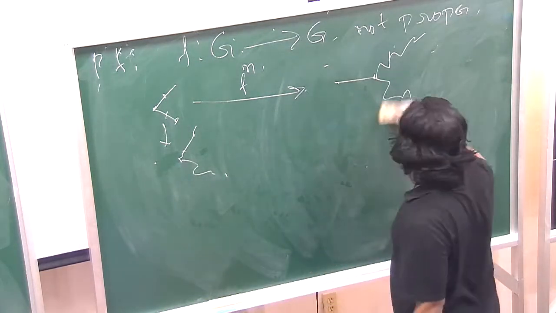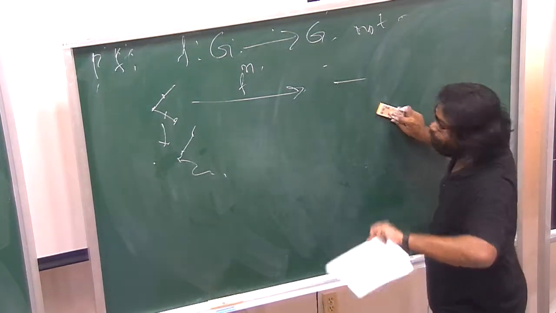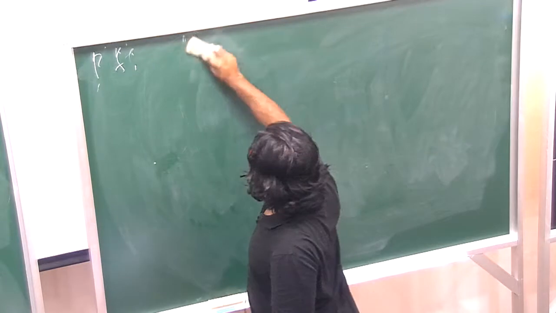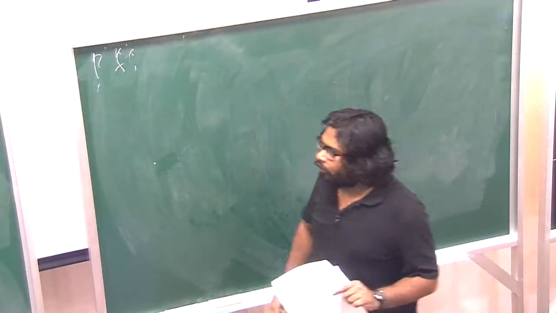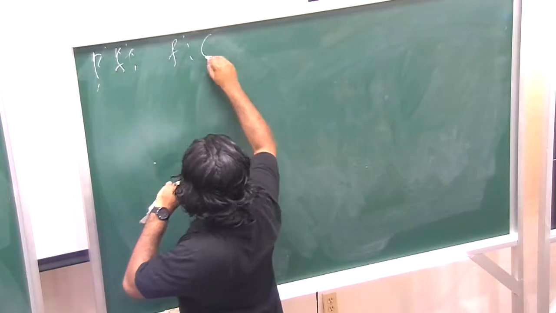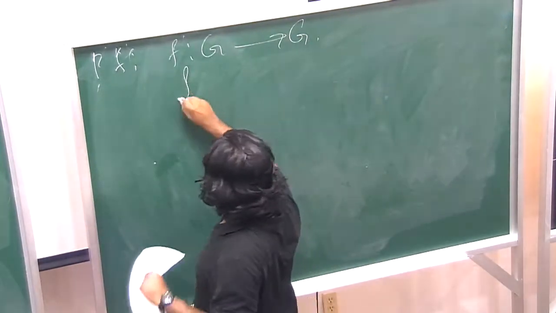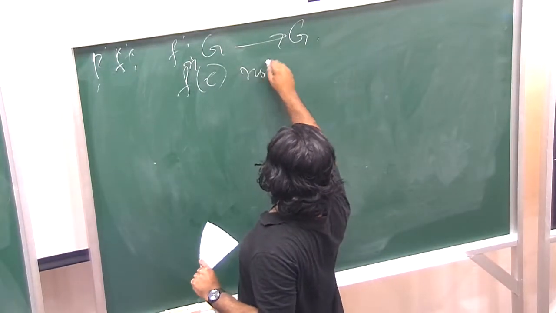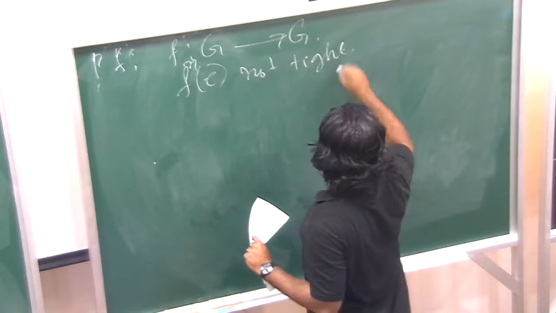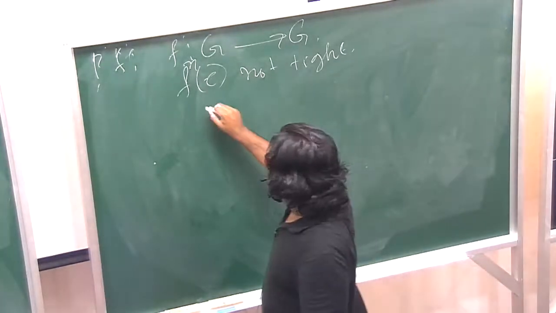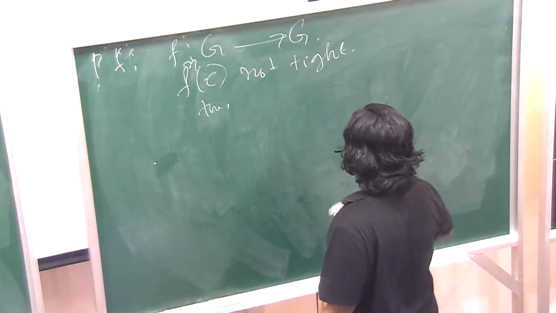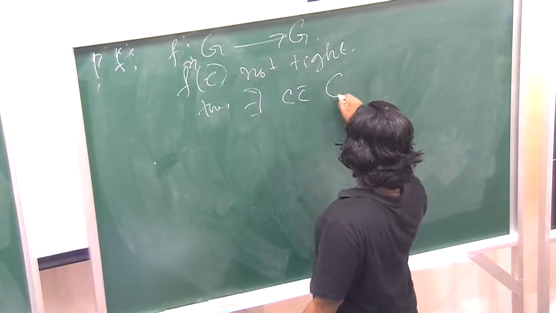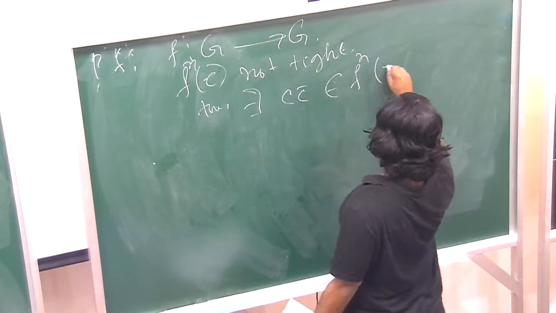Okay. So actually I don't have much time, but this algorithm has a lot of steps and a lot of technical details. So what I'm going to do is suppose E is the edge which is not tight, then there will be a turn in the image of E, right?